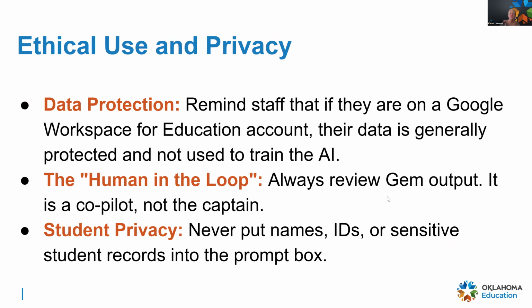Data protection. Many of you are probably using a Google Workspace for Education, and Google says that if you're in that umbrella, they will not use any of the data shared to train the AI tools. The thing is, we never want to take a chance.